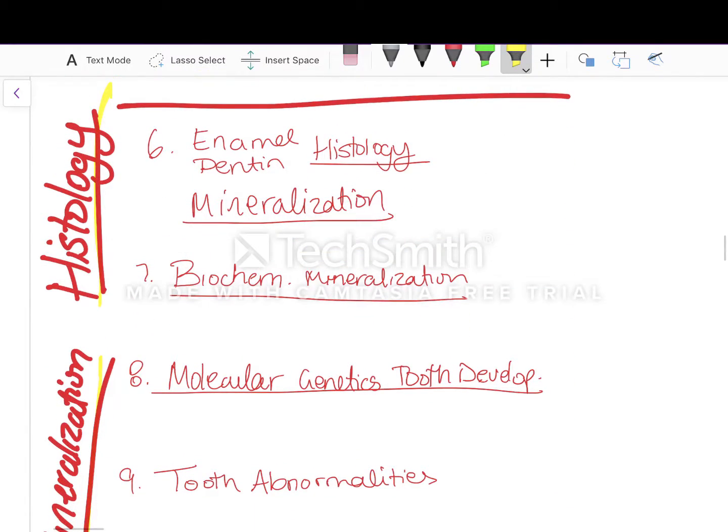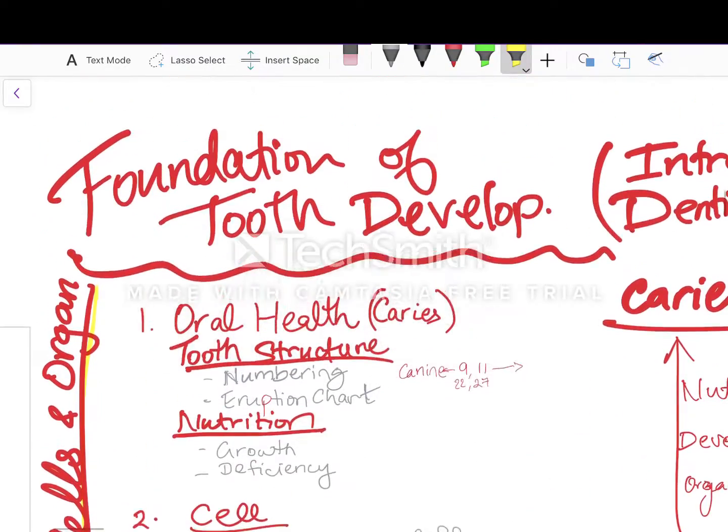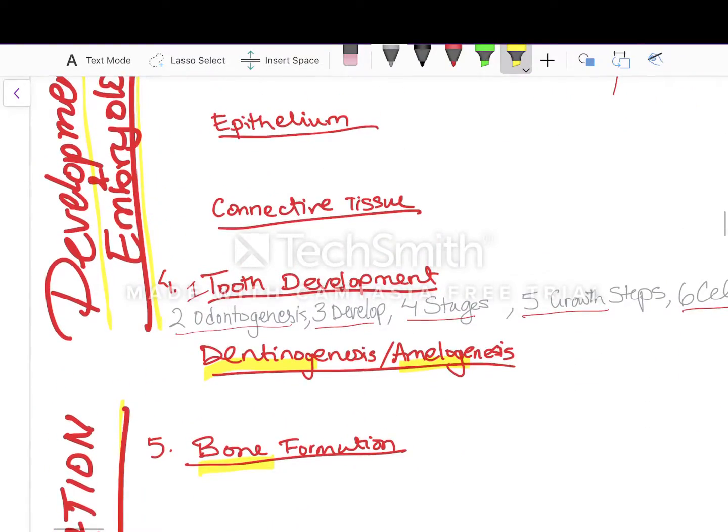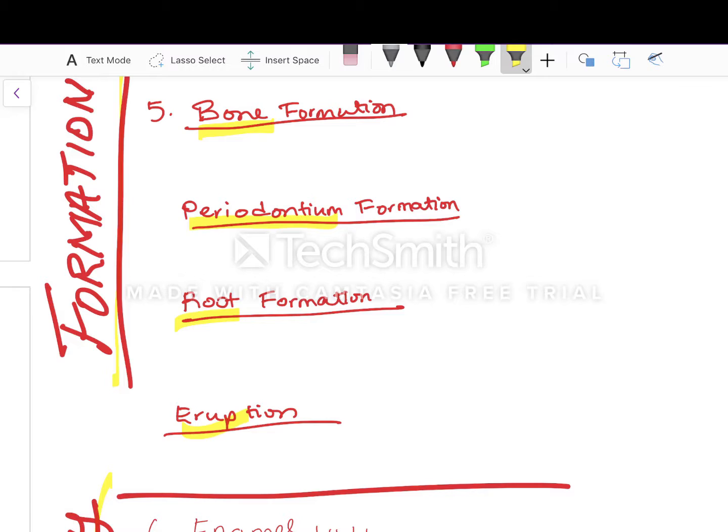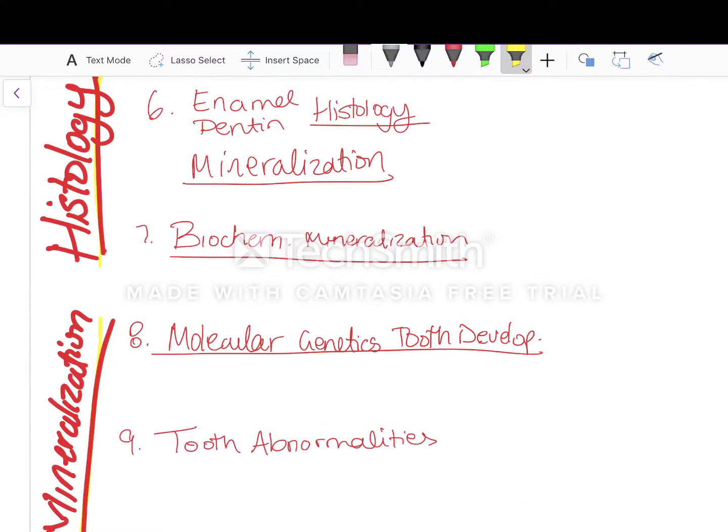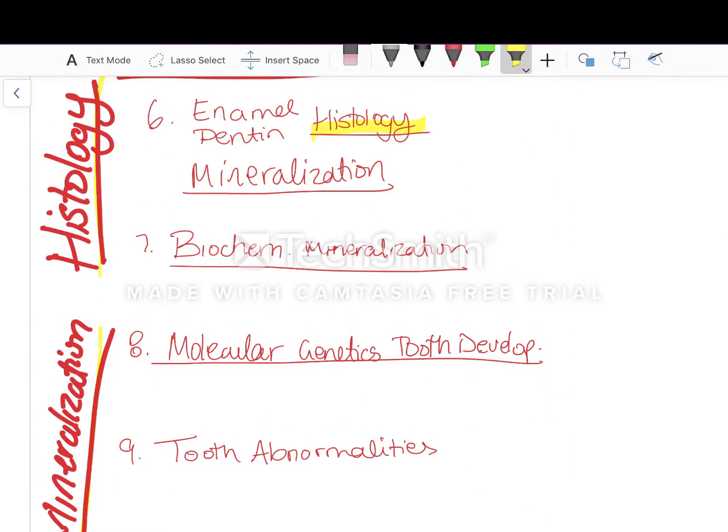Number 2, just to show you the flow, is basically we started with cells, then we went to embryology development, then we went to the formation, then we will go to a few histology, and then basic principles of mineralization and then biochemistry of mineralization.